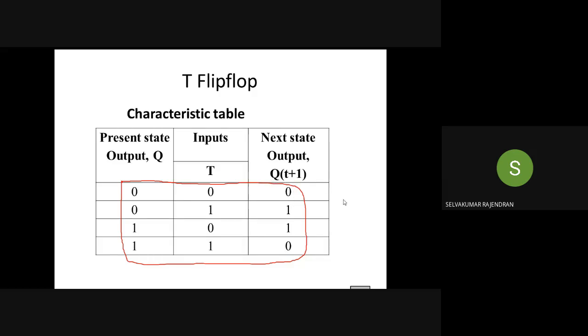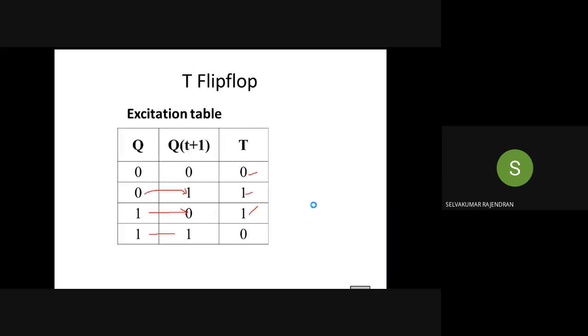That's why we are directly writing it like this: the inputs T and Q, T XOR with Q gives the next state value Q of T plus 1. That's why we directly take the characteristic equation. Otherwise, you can draw a K-map, fill in the ones, map them to get minterms, and summing the minterms gives the final Boolean expression for Q of T plus 1, the characteristic equation for T.